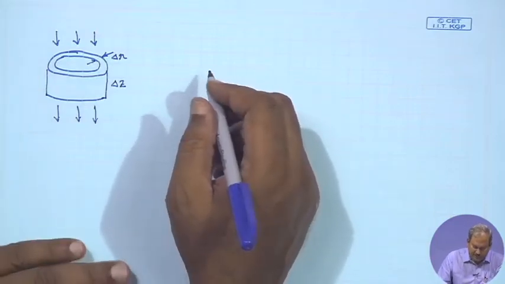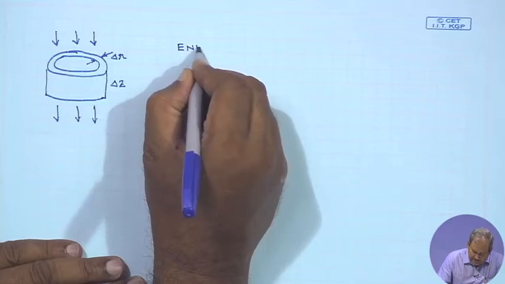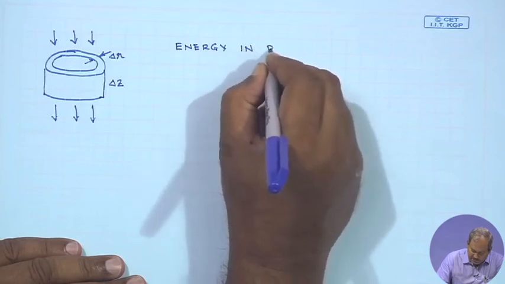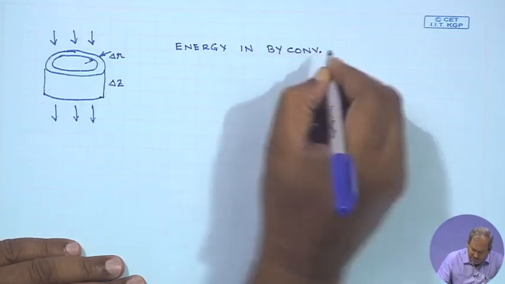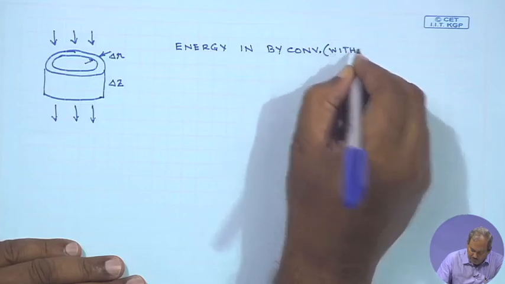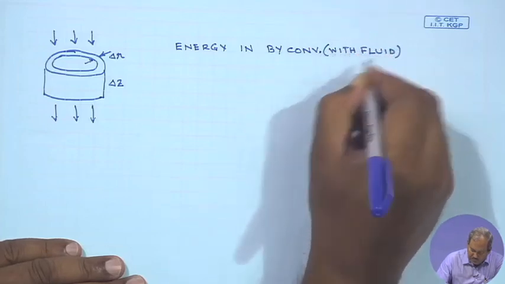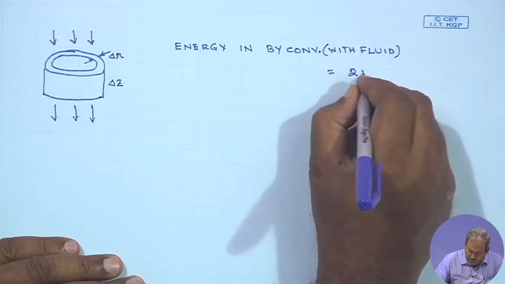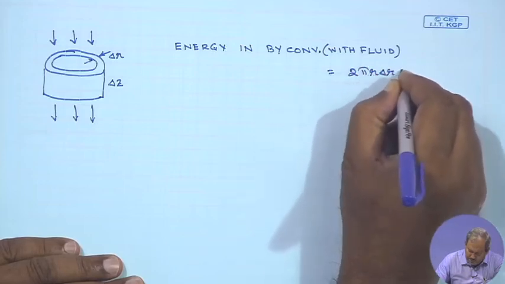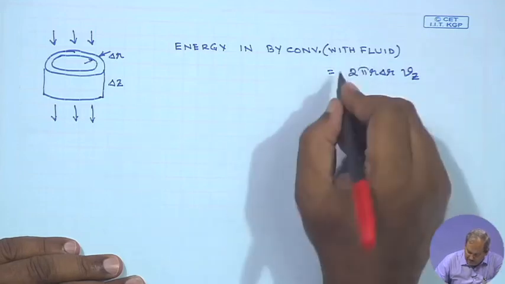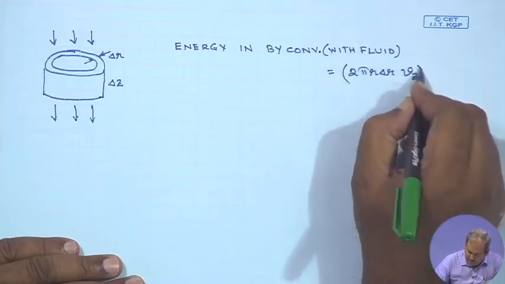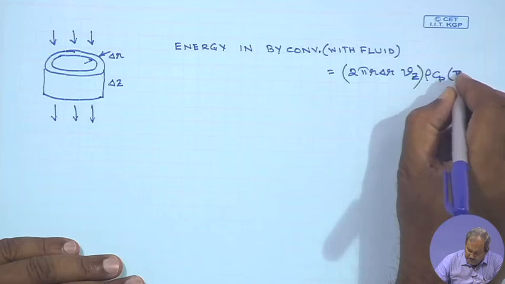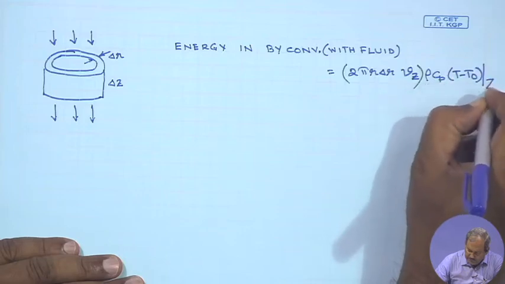So the energy which is coming in by convection, that means with the fluid, would be equal to twice pi r delta r times Vz, which I will mark as one part of it, times rho Cp times T minus T naught at z.